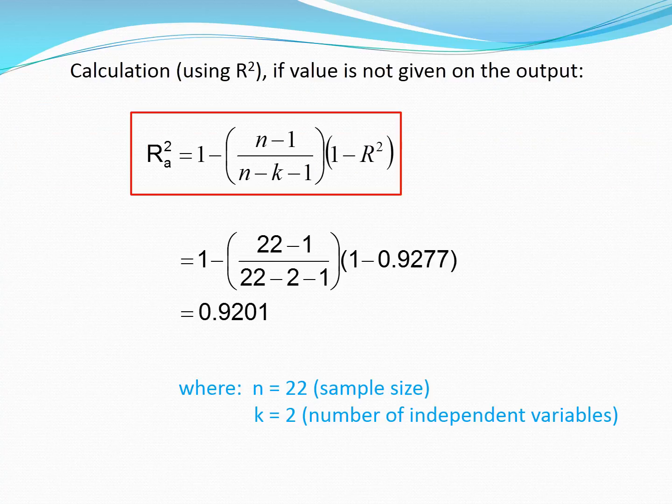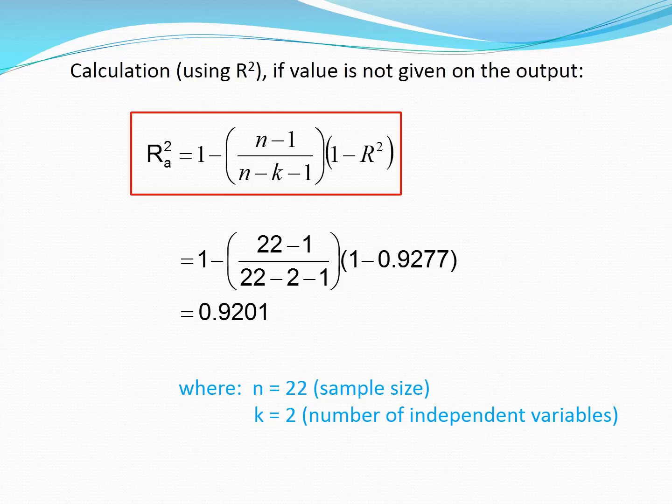If I do not give you the value of the adjusted coefficient of determination on the computer output, and I ask you to calculate that, you can use this formula for that purpose. N represents the sample size, and K is the number of independent variables, and then R square is the value of the coefficient of determination. Now, if we go back to our chapter example, our N was 22 since we observed the sales in 22 cities, and K was 2 since we looked at radio and TV advertisement expenses and newspaper advertisement expenses.